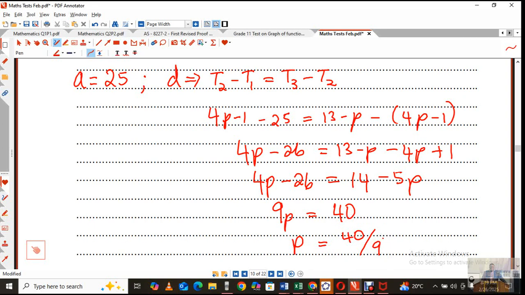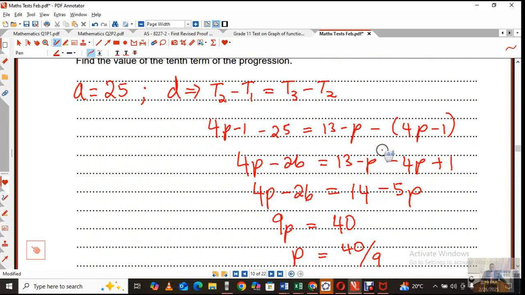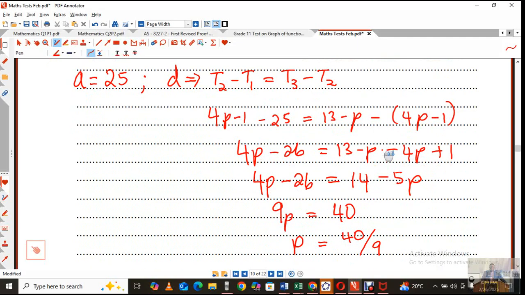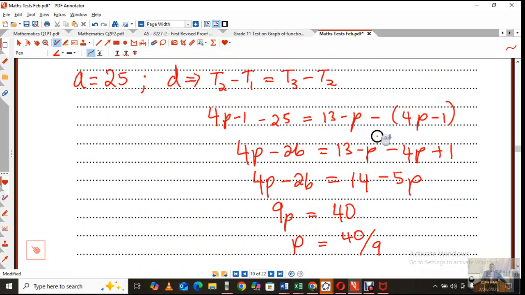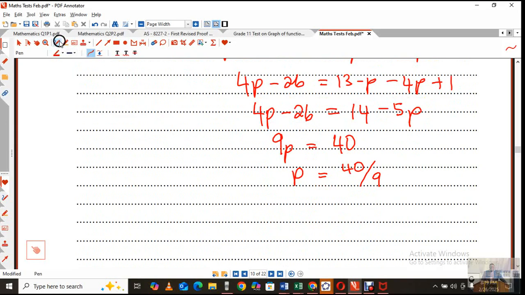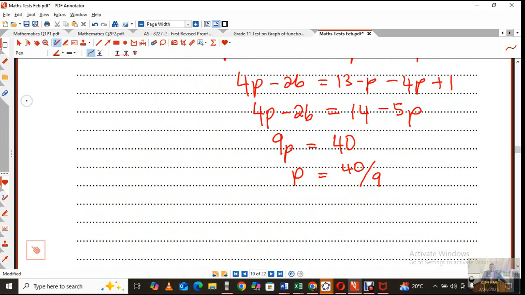Now, what is it that we need to determine? We need to determine our d. So let's see what our d value is. Our d value, or the common difference, and I'm going to use a different color here because we can now determine it.